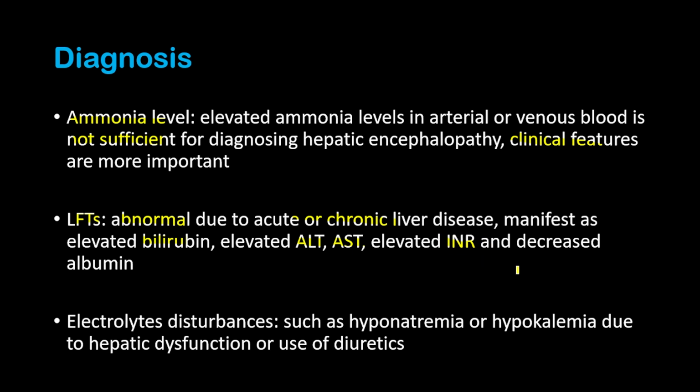And this also may manifest as decreased albumin because the liver is also responsible for synthesizing the albumin. And once the albumin is low, this means that there is a problem in the liver.